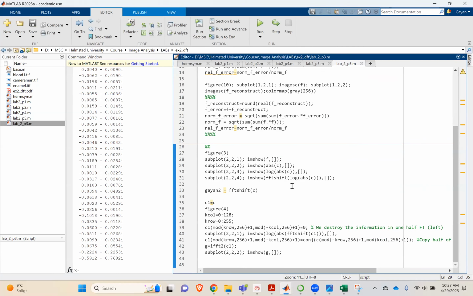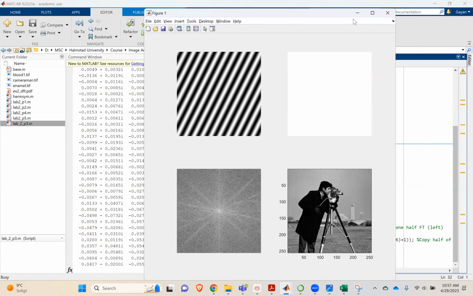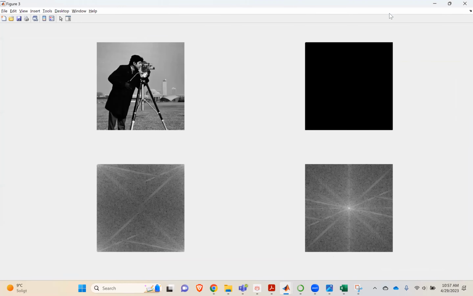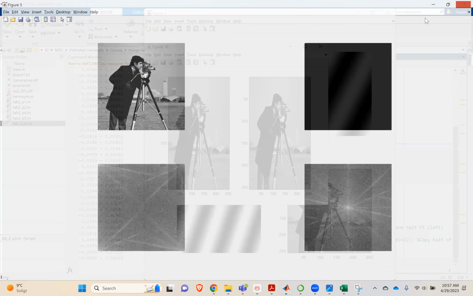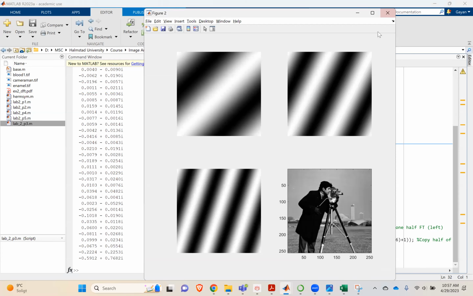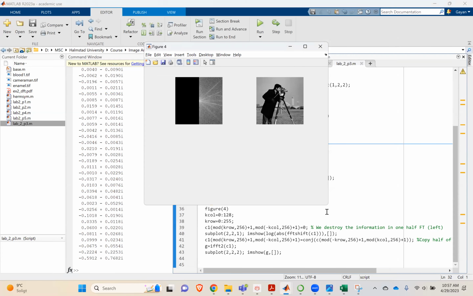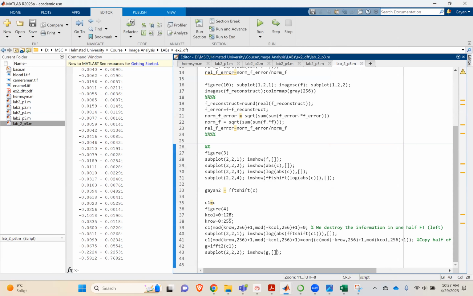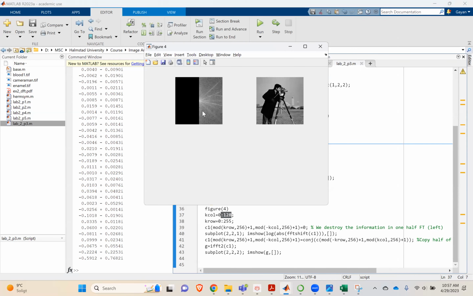So I believe the second part I did somewhere. Yeah, exactly, this is figure 4. Let's see figure 4. Okay, 0 to 128.